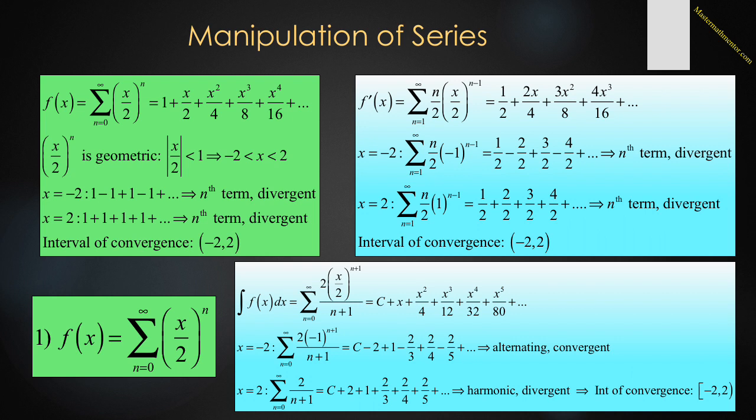But when x is equal to 2, our series is simply 2 over n plus 1, which is c plus 2 plus 1 plus 2/3 plus 2/4 plus 2/5. And that is a harmonic series which is divergent. So the interval of convergence is the inclusive negative 2 and the open 2.